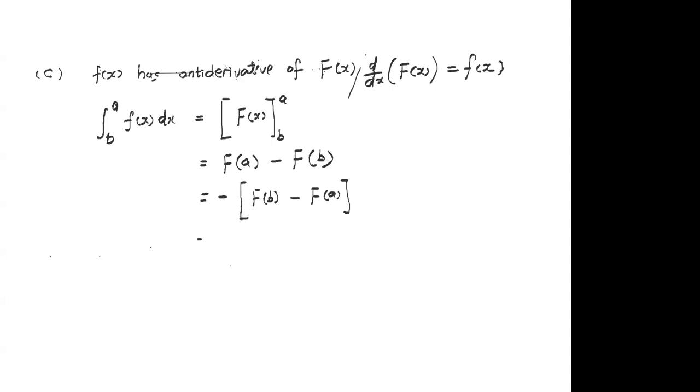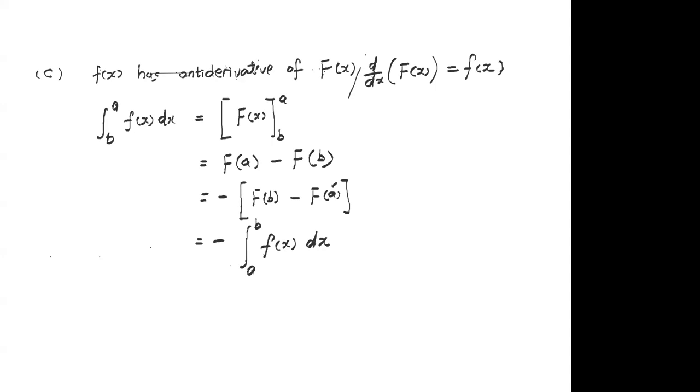So this one, I can write it negative. So this one is also integrate. This one should be at the bottom. Am I right? So I write A at the bottom and B at the top. So this is a formula that you have to remember later on.